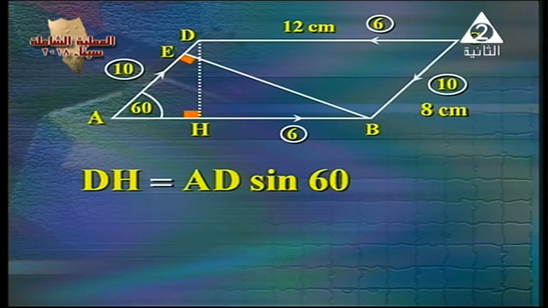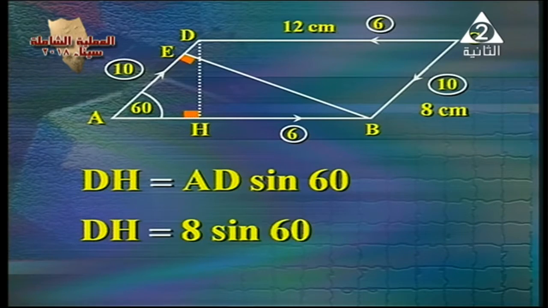DH, the distance between the two forces acting on CD and AB, equals AD sine 60, where AD equals 8, so 8 times root 3 over 2 equals 4 root 3.